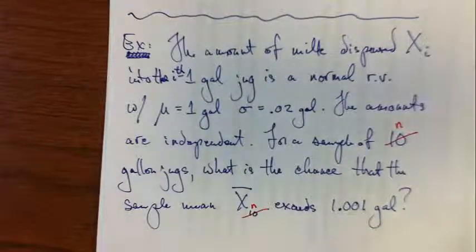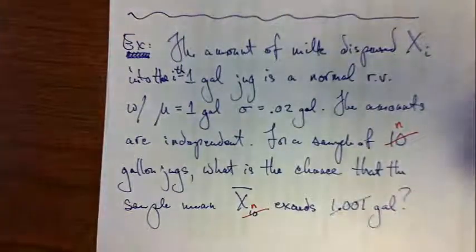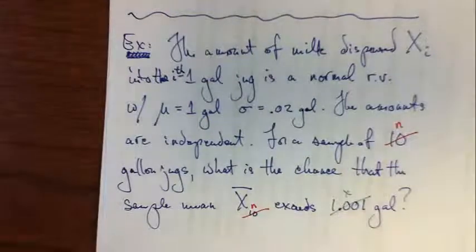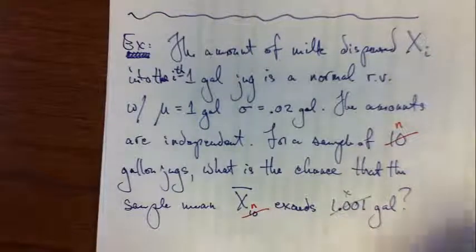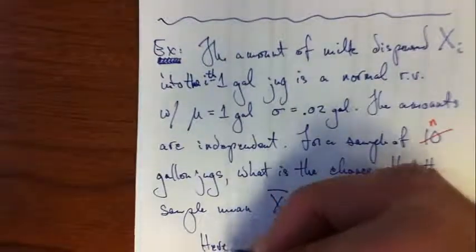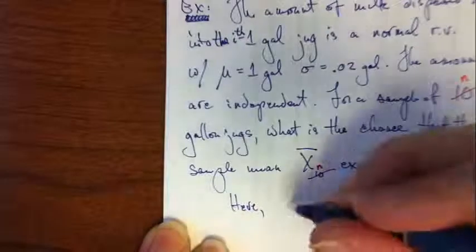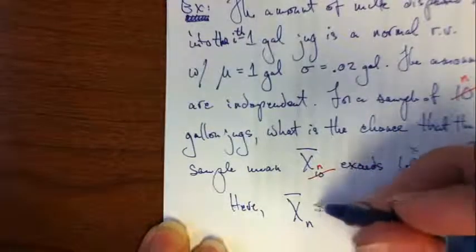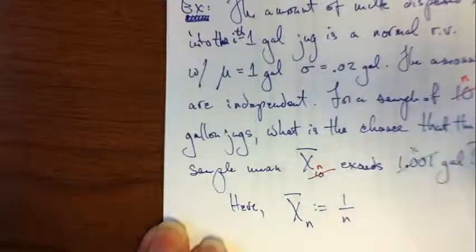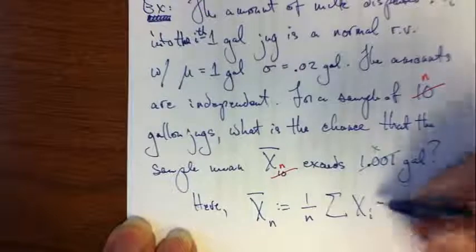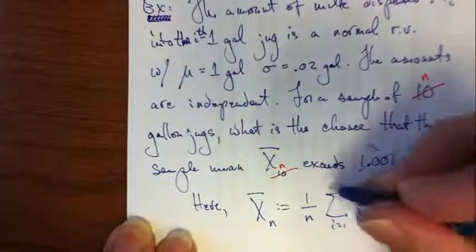Okay, in fact, I could even change this, make it more general. Let's say x, little x. And by the way, just to remind you, the random sample mean, if we use this kind of notation, is defined to be 1 over n times the sum of these guys.